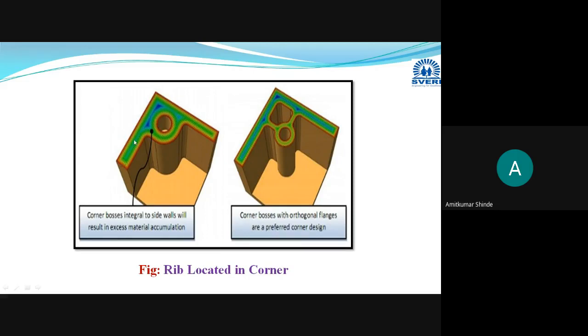As you compare, uniform wall thickness is not achieved here, so stress will be more in this case. So to eliminate the stress, to provide the strength and to ease the flow of the material, a rib is provided here.